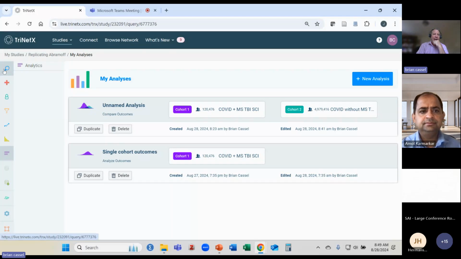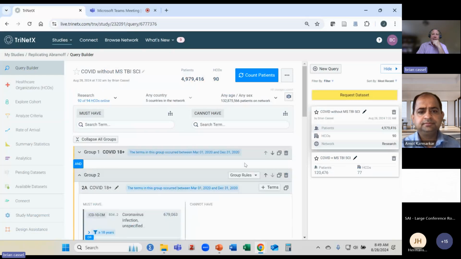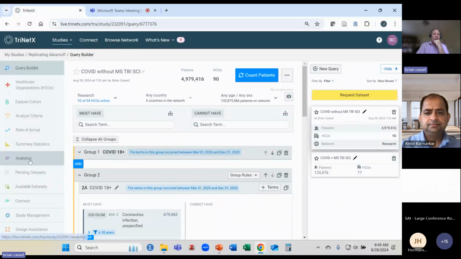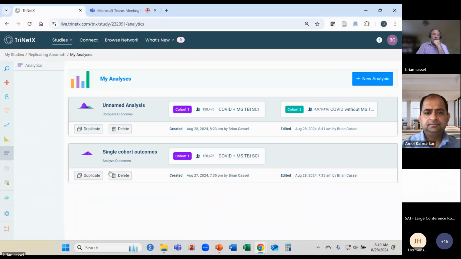And at any time I can go back to my cohorts, I can make a change here, limit this to patients of a different age or different dates for phenomena or what have you. And then in my analytics, if I duplicated an existing outcome like that, and then swapped in a modified cohort, it would retain all the decisions I made about what kinds of propensity variables to include and what kind of outcomes to measure.